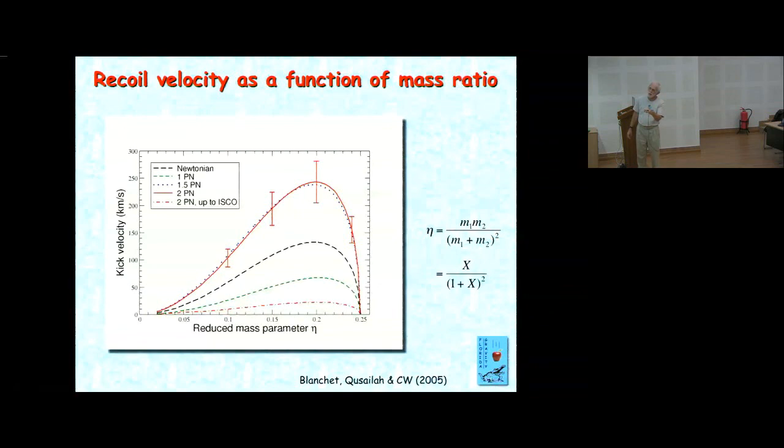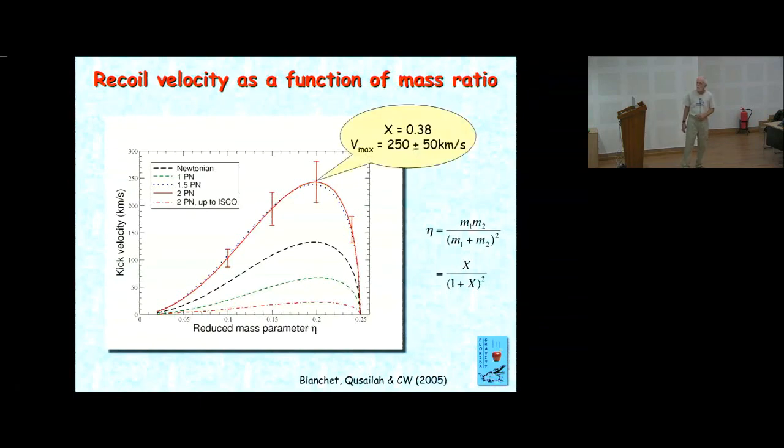And notice the maximum kick here for a specific mass ratio was around 250 kilometers per second. This is the mass ratio, m1 over m2. With a 1/10 mass ratio, you get about 70 kilometers per second for the kick.